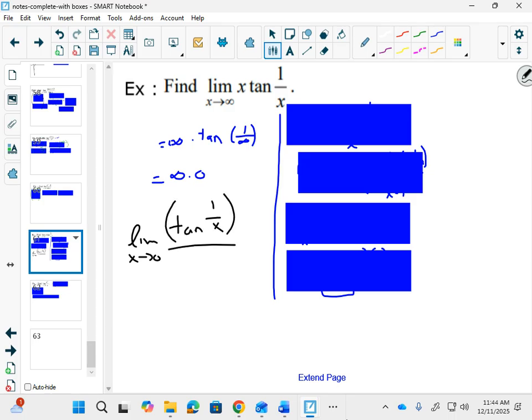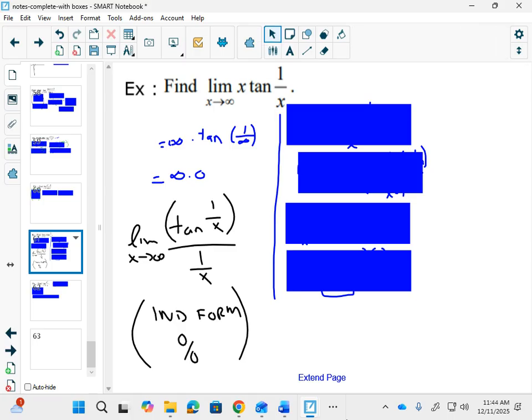And instead, I write the x that's in the top on the bottom as 1 over x. Now, if I write it like this, now it's in indeterminate form of 0 over 0.